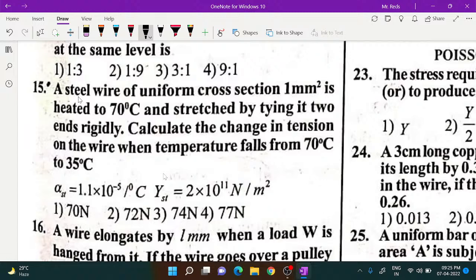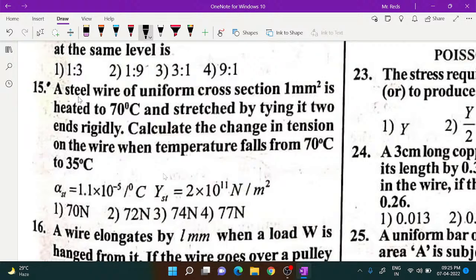Calculate the change in tension in the wire when temperature falls from 70 degrees Celsius to 35 degrees Celsius, given that alpha of steel, that is the coefficient of thermal expansion of steel, is 1.1 into 10 power minus 5 per degree Celsius. Young's modulus of steel is 2 into 10 power 11 Newton per meter square.